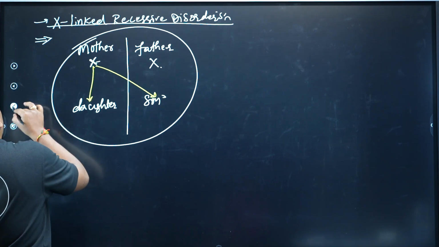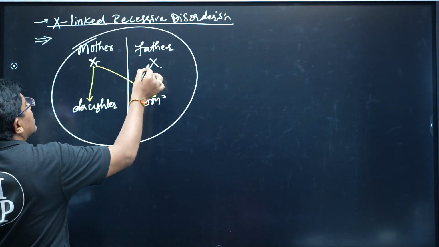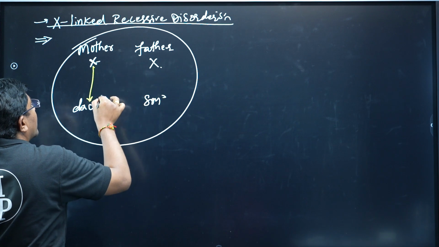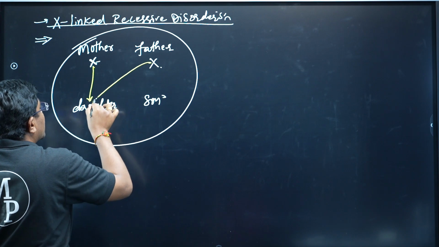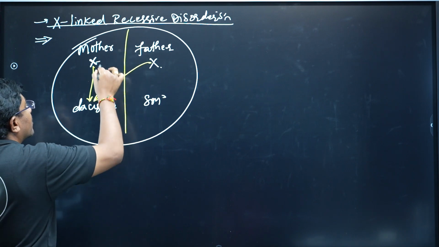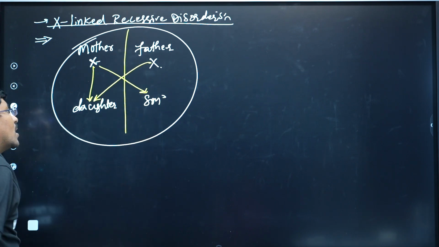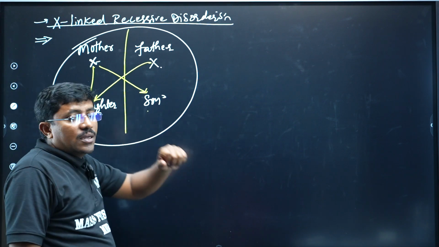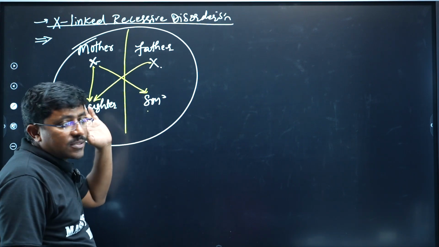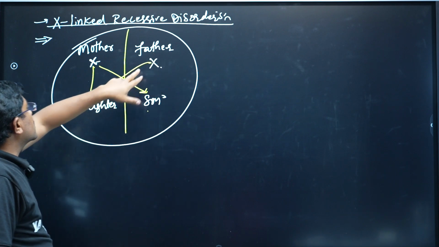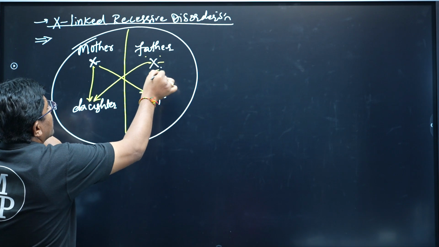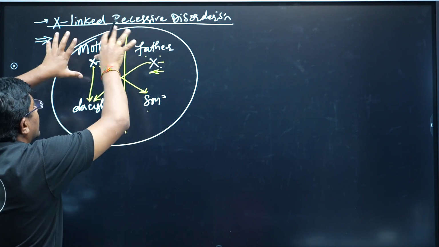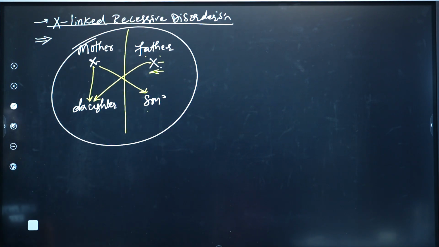But what genes are there in the father's X chromosome are only transferred to his daughters, not to his sons. His daughter only shares this trait from the father's X chromosome. So it is one clarity.